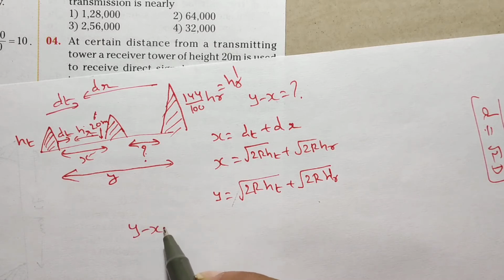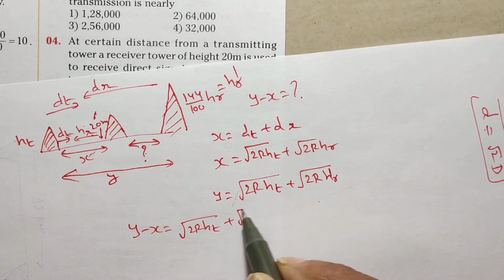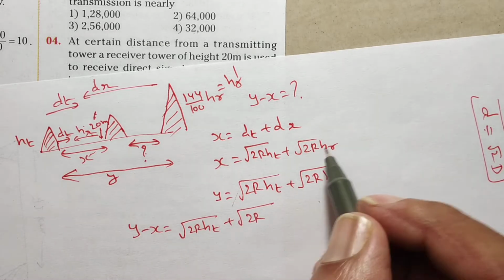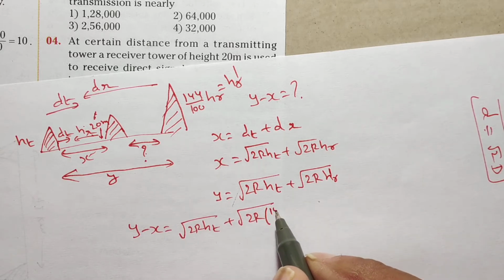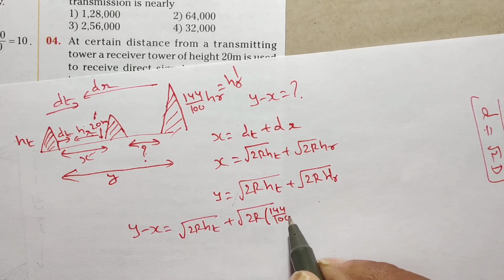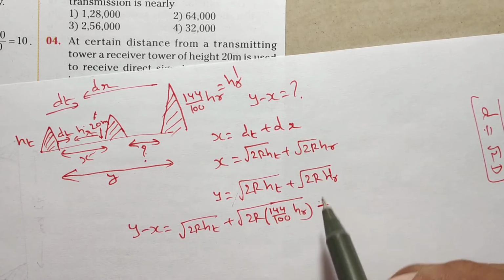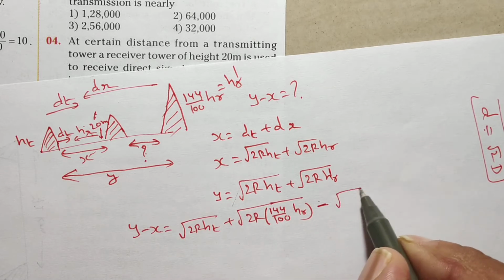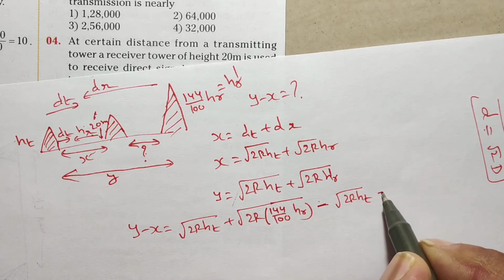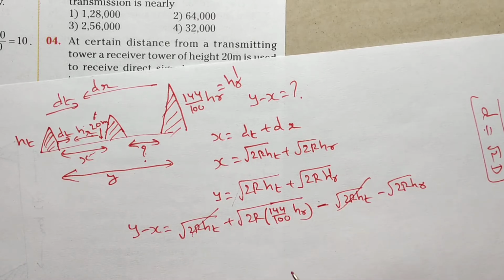Y minus x is equal to square root of 2r ht plus square root of 2r hr dash, which means 144 divided by 100 into hr, minus x, this thing, square root of 2r ht plus square root of 2r hr. Both things get cancelled.